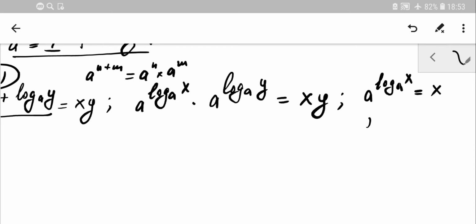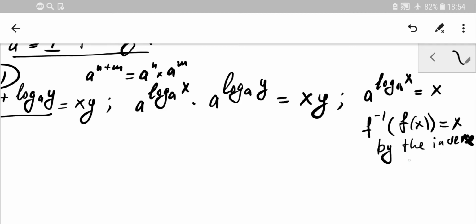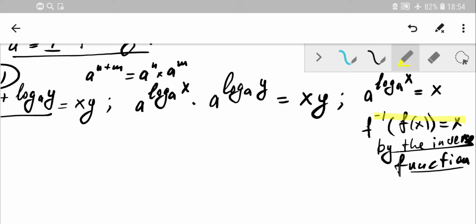Let's say this is an inverse, because a to the power and log are inverses, and here we just put f of x. So by the property of inverse functions, we'll get x. You can probably watch a separate video about inverse functions, but this topic is A-level stuff, and that's why you need to use this property.